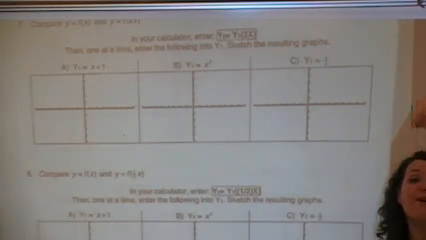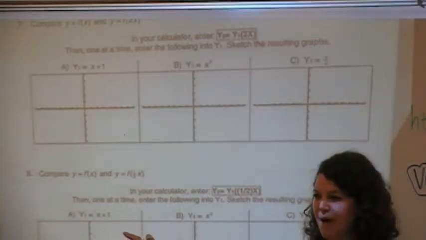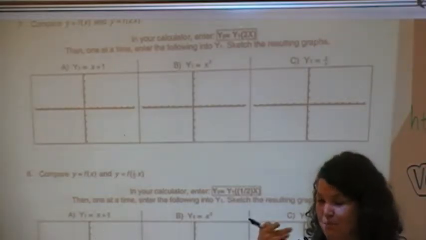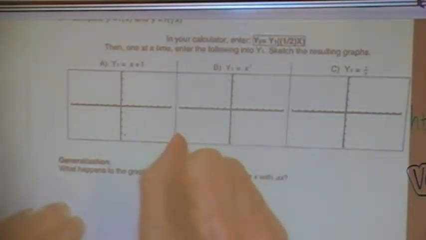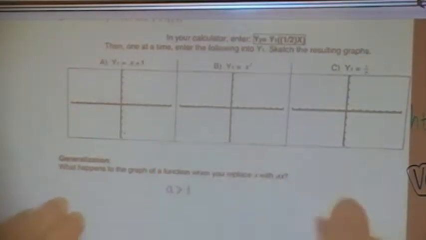That would be happening vertically, but it's happening this way? It's a compression. It's a horizontal compression. So down here, if a is greater than 1, it's a horizontal compression.